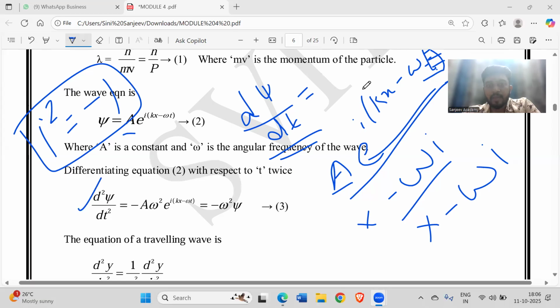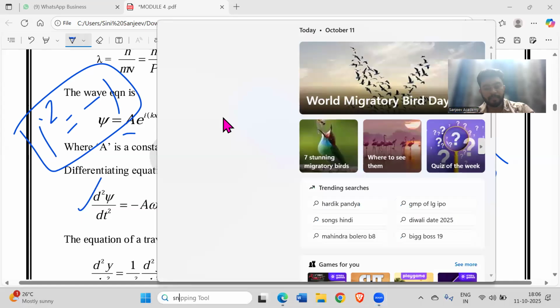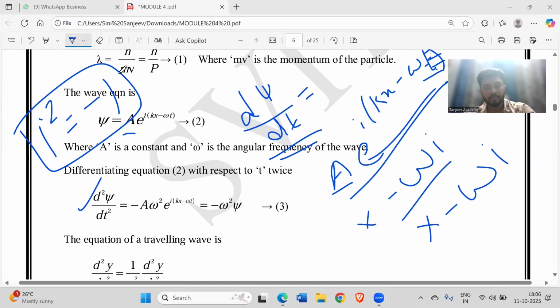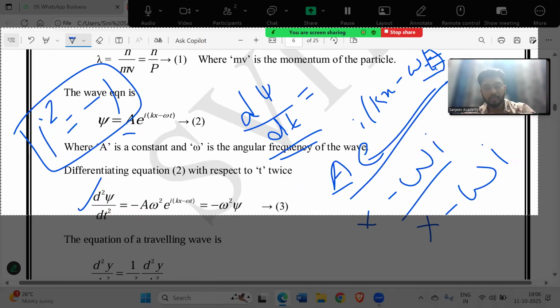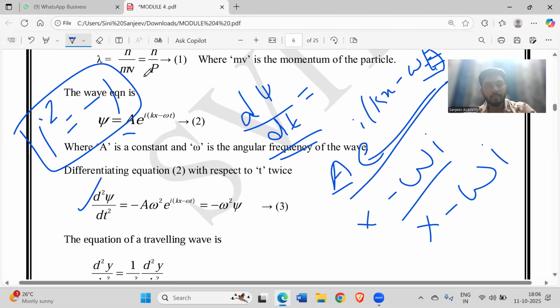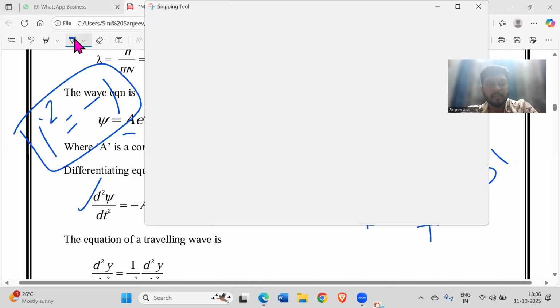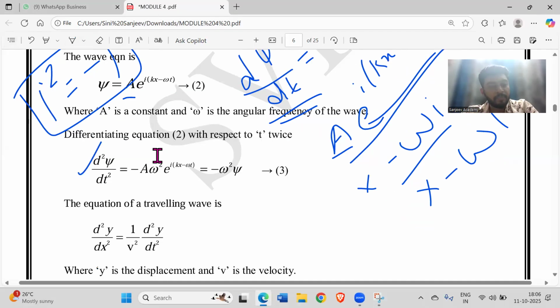If possible, I'll take a screenshot and keep it for you, because this thing is not there in the textbook. That's the reason. So I think up to this you're clear, right?